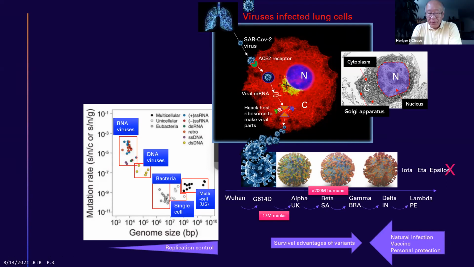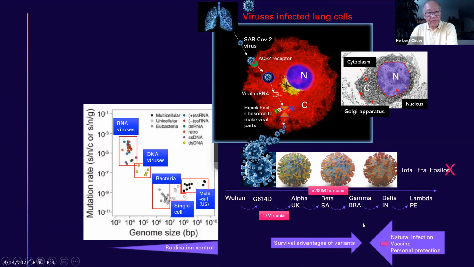So the virus will keep mutating. It will do whatever is best because it will find a version that will give it a survival benefit, and the survival benefit in the Delta case is that it infects a lot more people a lot faster. At some point, our immune system, whether we get it from natural infections or from vaccines, and all of our personal behaviors will counter this viral survival, and then we'll achieve an equilibrium.